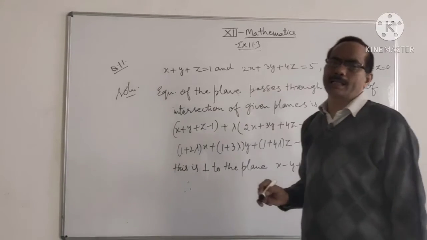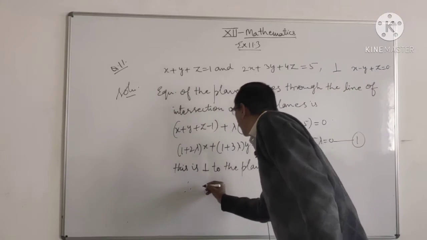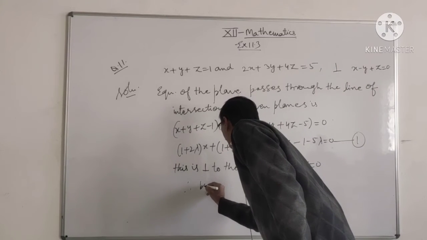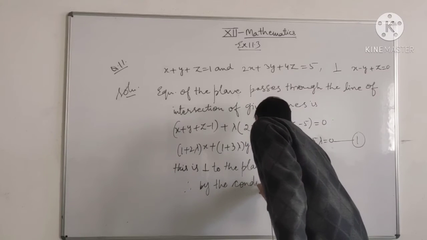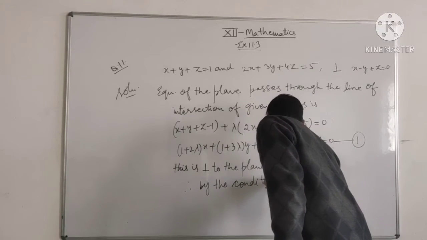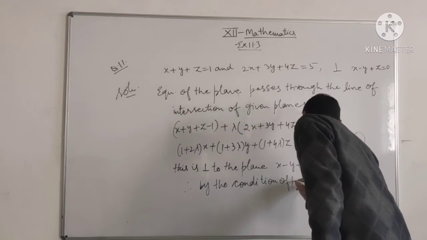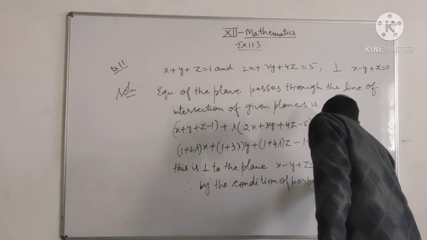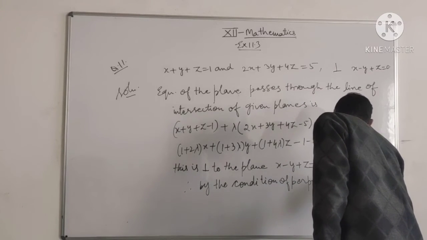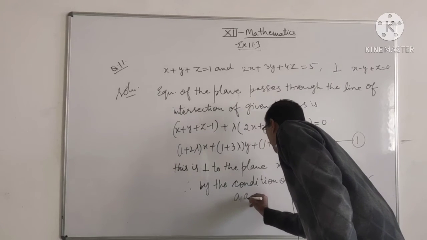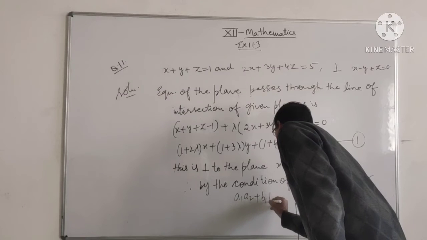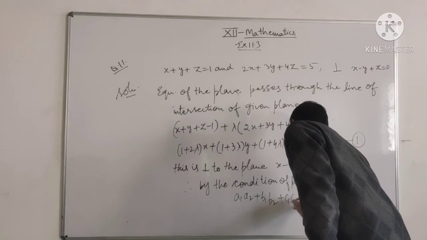Therefore, by the condition of perpendicularity, it is a1 a2 plus b1 b2 plus c1 c2 equal to 0.